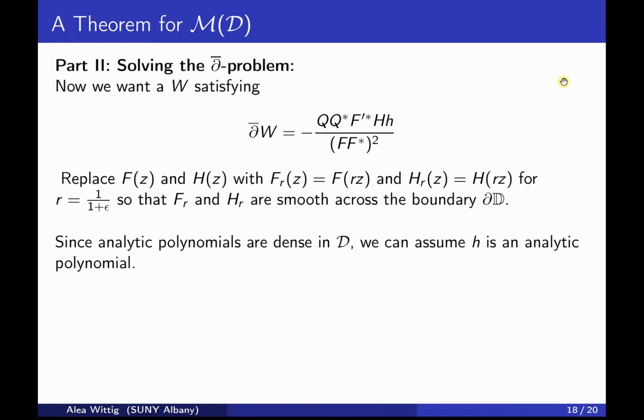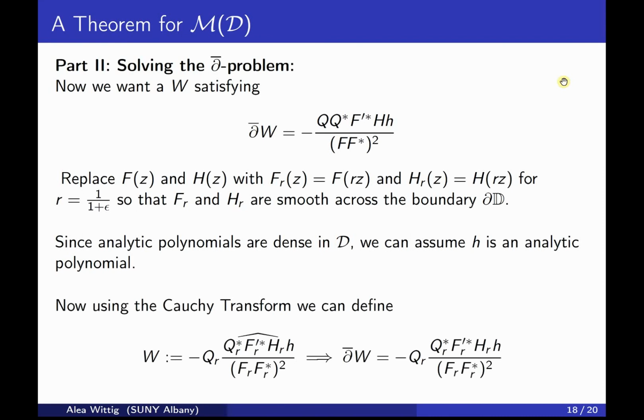And we can also make this initial assumption that h is an analytic polynomial, because the analytic polynomials are dense in the Dirichlet space. Now, using the Cauchy transform, we can define W and see that the d-bar equation is satisfied, right?